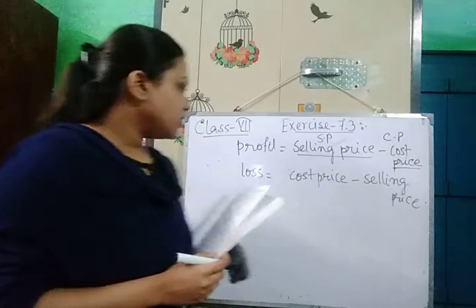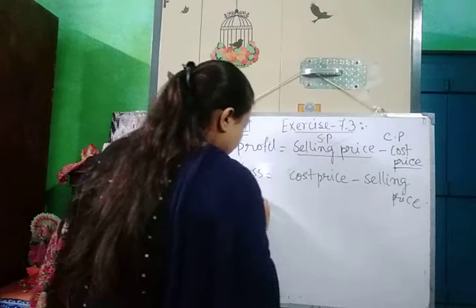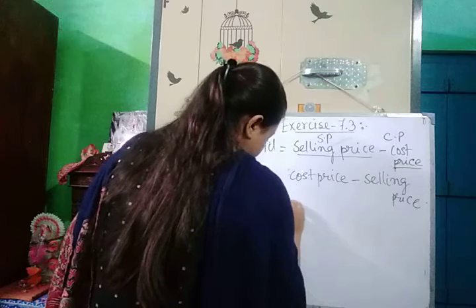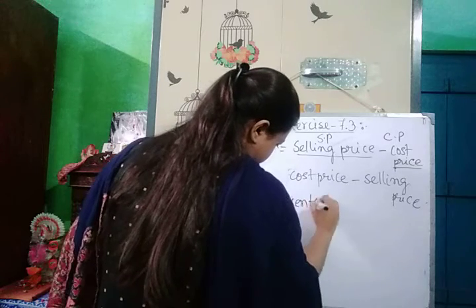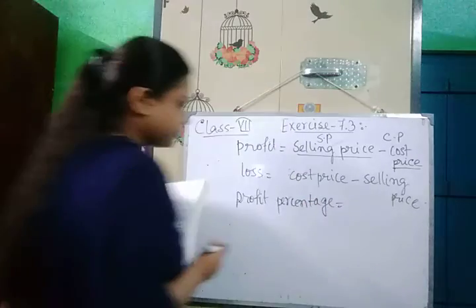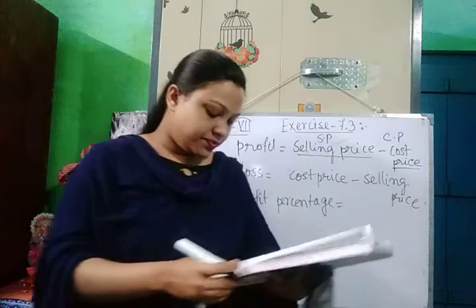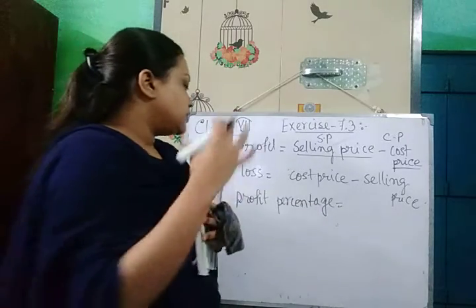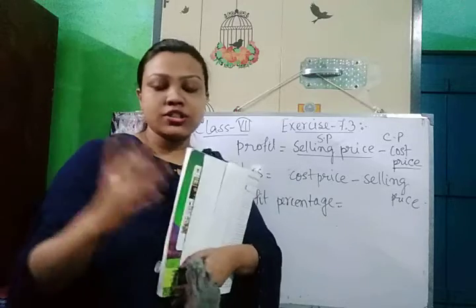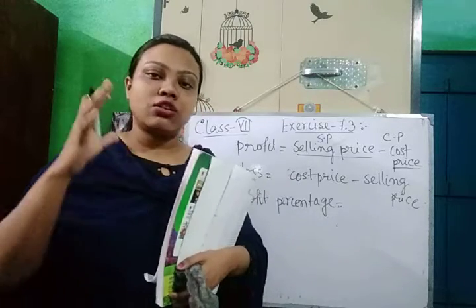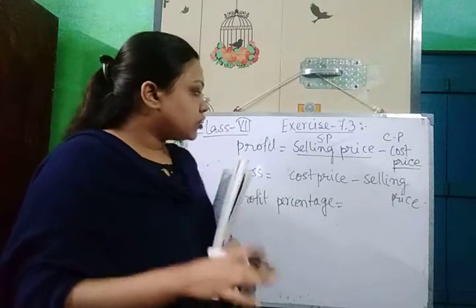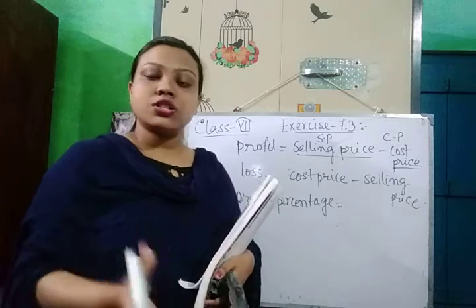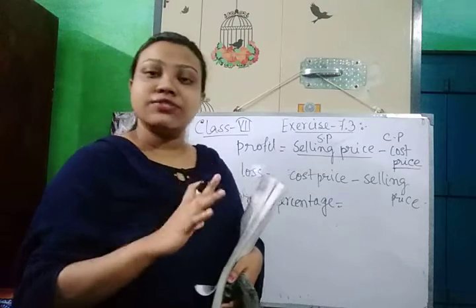Now, how can we find out profit percentage and loss percentage? Profit percentage or loss percentage is always calculated on cost price. Means out of the cost price, how much profit we get or how much loss we get, that fraction we can find out.